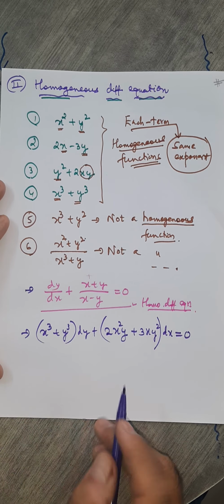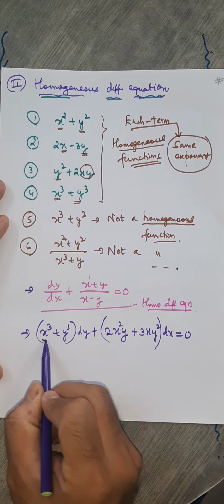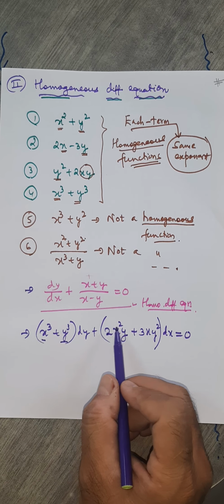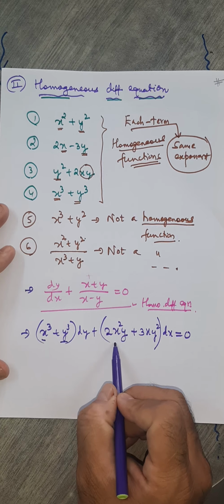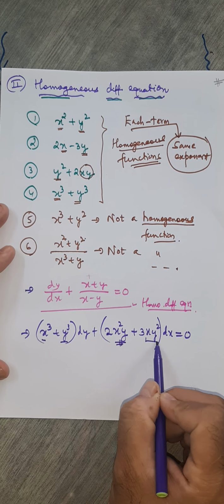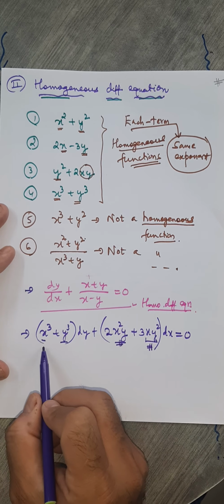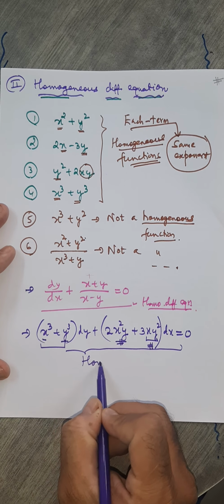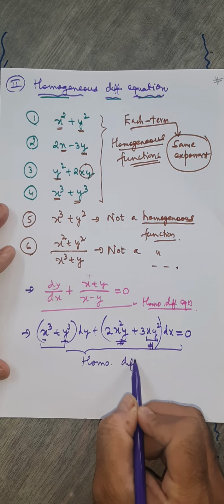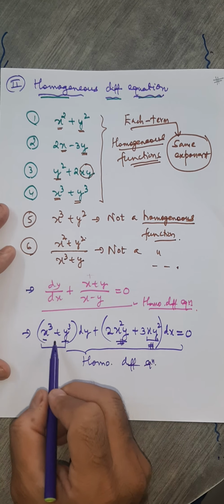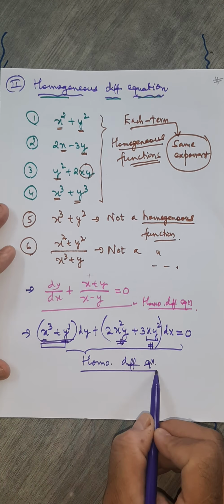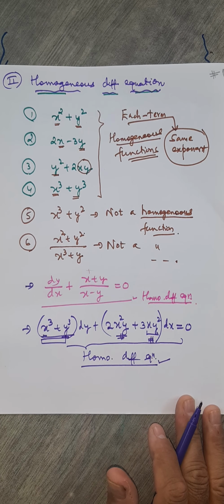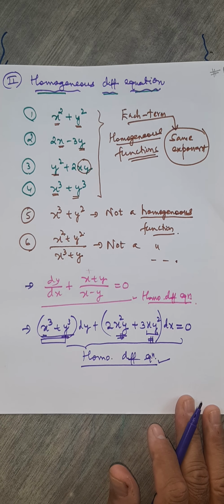Now this is also a homogeneous function. You see here degree 3, constant has degree 0, remember. Degree of this term is 2, here 1. So total degree 3 here, total degree also 3. So this is a differential equation of homogeneous functions of the same degree, remember. In general, this is a differential equation which is homogeneous, right? Fine.